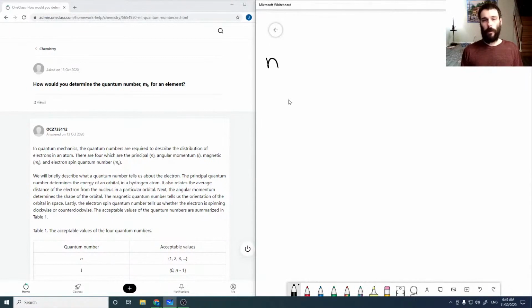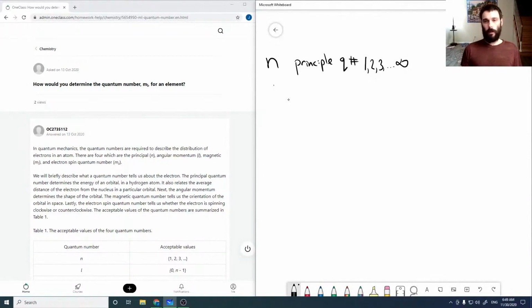So before we get to ml, there's n, which is our principal quantum number. And this goes from 1, 2, 3 up to infinity. And this basically numbers the states and is what defines our energy.